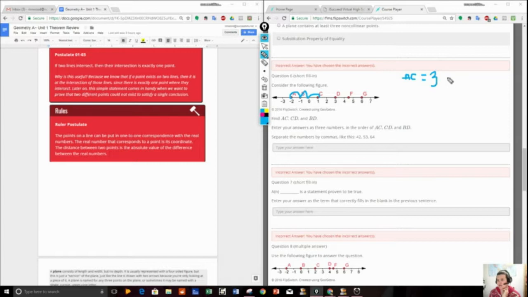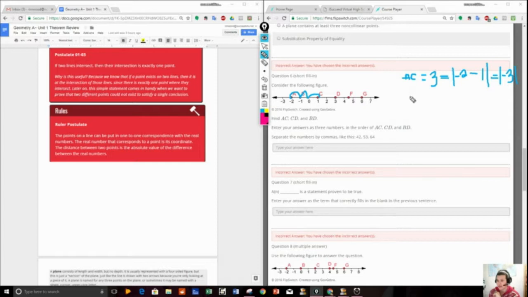We could also use the distance formula, which is the absolute value of the difference between where they're located on the number line. So A is -2, the difference is subtraction, and C is 1. So -2 minus 1 is -3, and the absolute value of -3 is 3. So there's 2 ways to find AC.